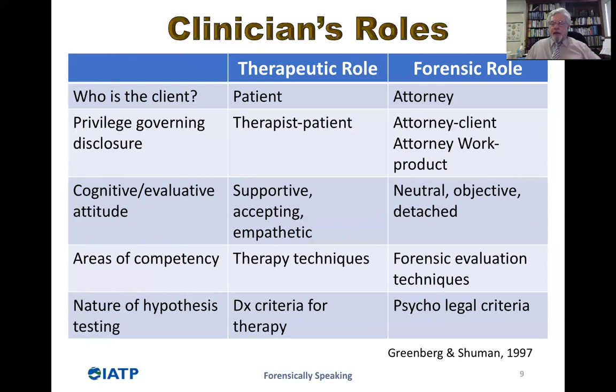There is not to be any alliance. And therefore, when going to court, there is not a prejudice either for or against the client. You're there as a clinician in a forensic setting, as an expert, that is, to be an advocate for the truth, not an advocate for the client.